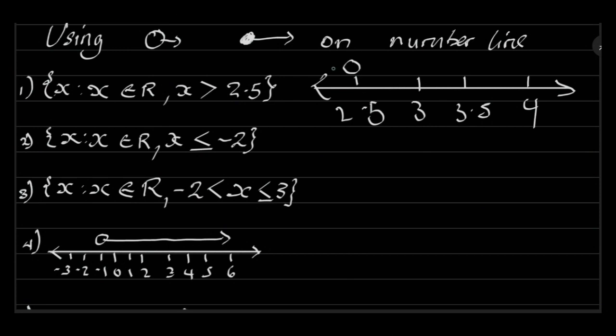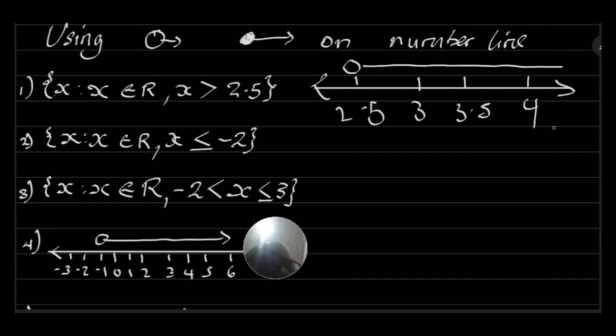So we are going to put an empty circle here indicating that x is not 2.5, but it refers to all the numbers after 2.5. So this is how we are going to put it. This tells us that in our subset, all the numbers that are greater than 2.5 are the range for x, but then 2.5 isn't part.